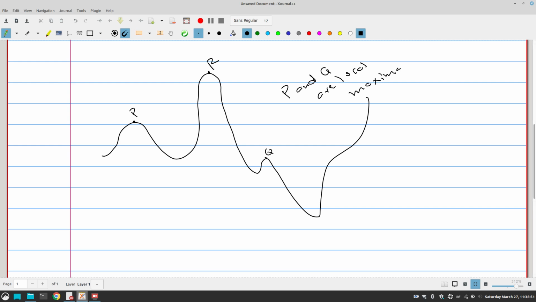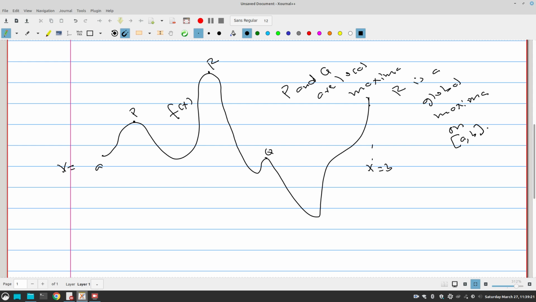R is a global maximum. Of course, in the range, so let this be f of x, let this be x equals a, and let this point be x equals b. So this R is a global maximum on a comma b.